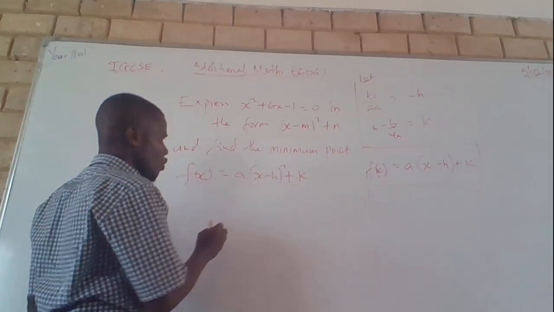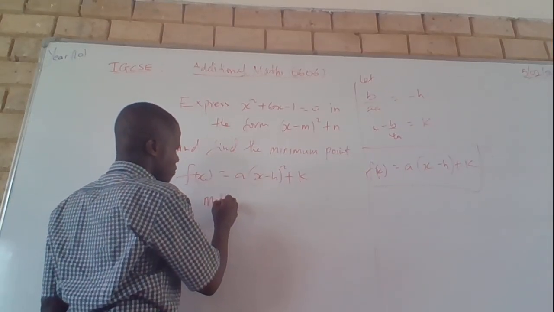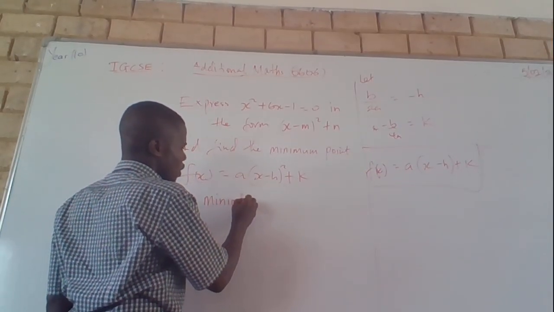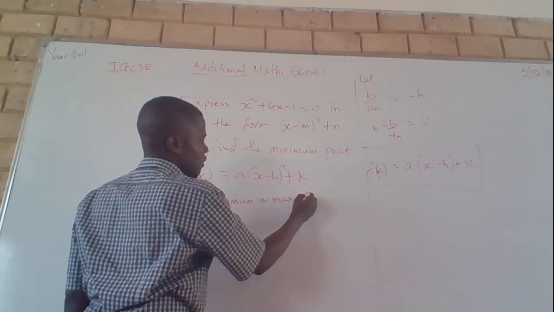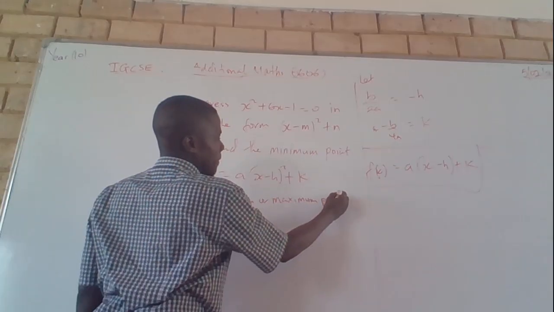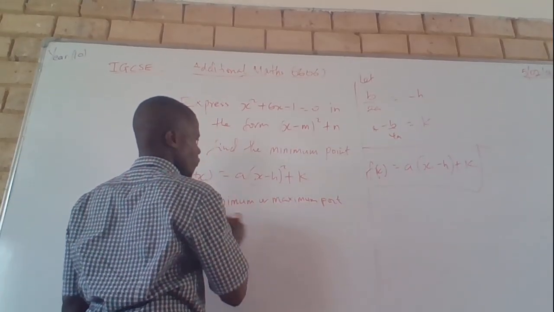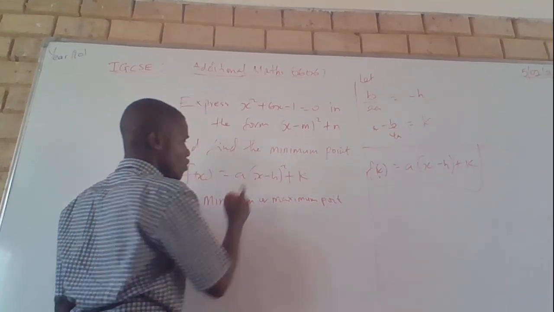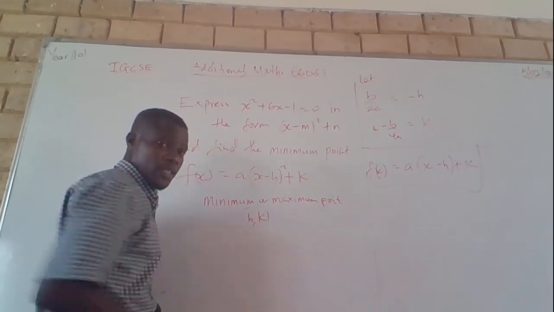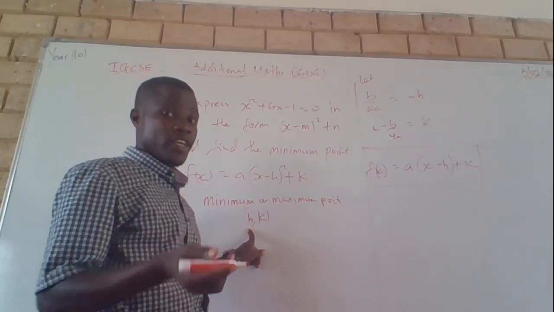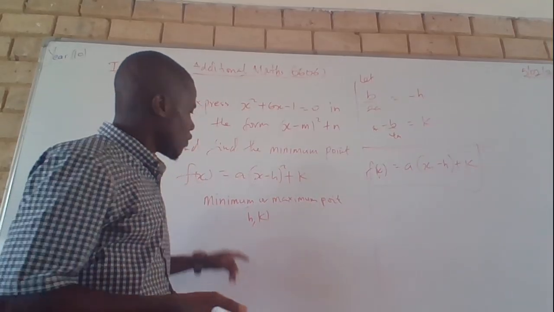Here, you should know that our minimum or maximum point would be h comma k, right? Remember, h can be any number and k can be any number too.